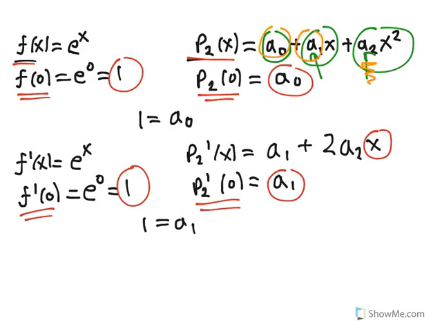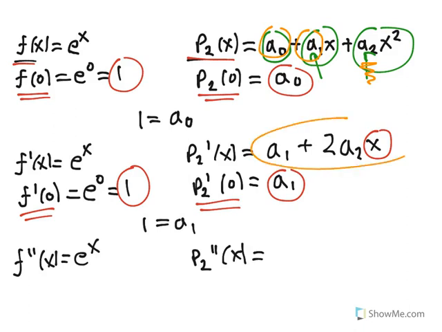So how do we find a sub 2? As we said earlier, now we're going to find the second derivative of the function e to the x, and the second derivative of our second degree polynomial function. So you take the derivative of the first derivative. The first derivative is here, of course. The derivative of the constant term is 0, and the derivative of the linear term would be 2 times a sub 2.